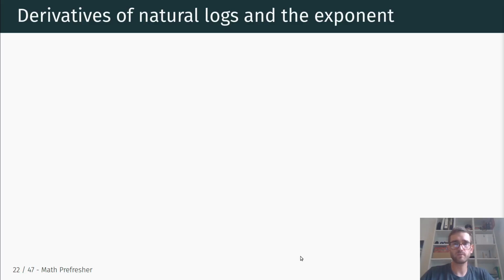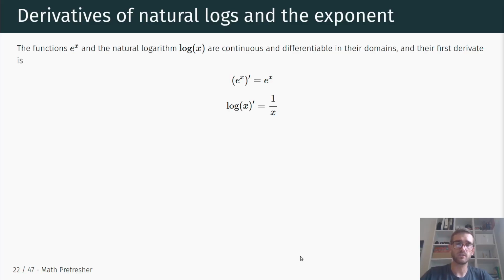Two types of derivatives that we encounter many times are derivatives that involve either the natural log or the natural exponent. The functions e to the power of x and the natural logarithm, log x, are continuous and differentiable in their domains.